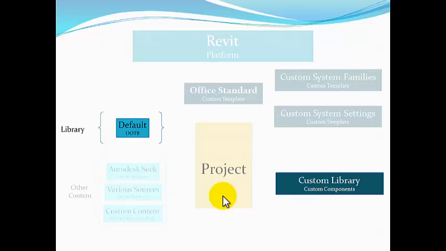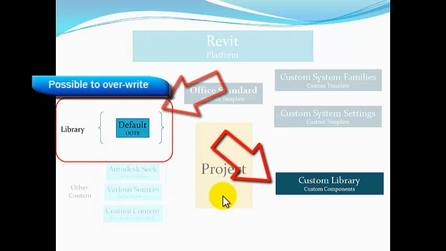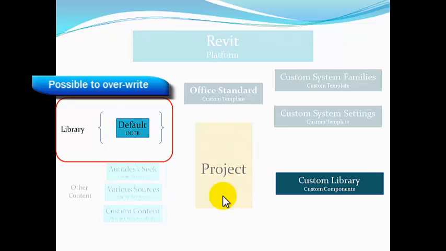So as I'm doing my project here, I have my default library and then I've got my custom library. The difference between those two is that default library could get overwritten each year as I update my software. So as I download 2014 or whatever it is, maybe it overwrites that library and maybe I lose things.